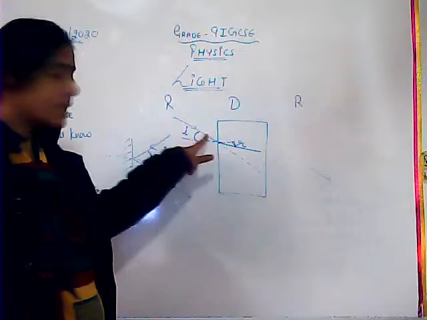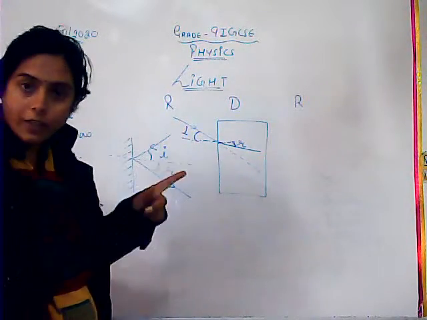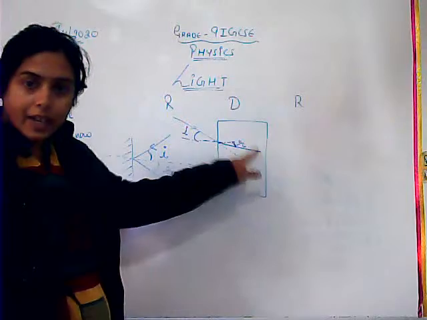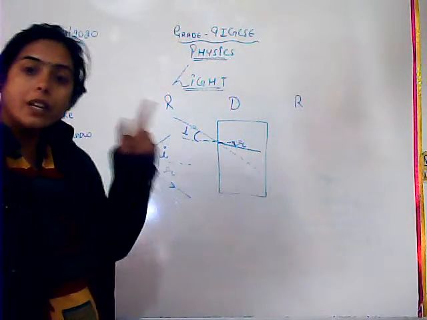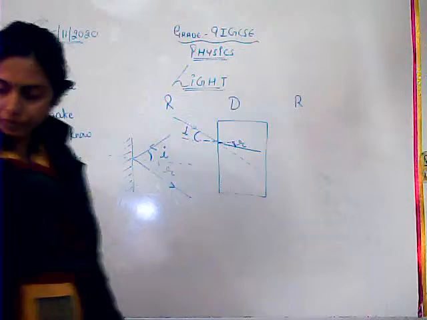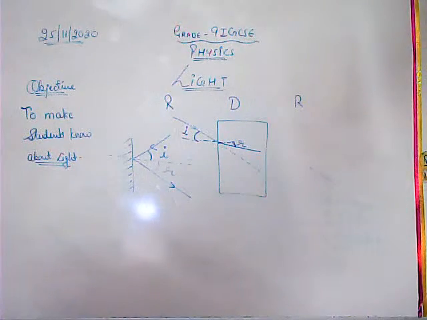Similarly, incident ray with normal, angle of incidence; refracted ray with normal, angle of refraction. Okay? So we are done till the angles.